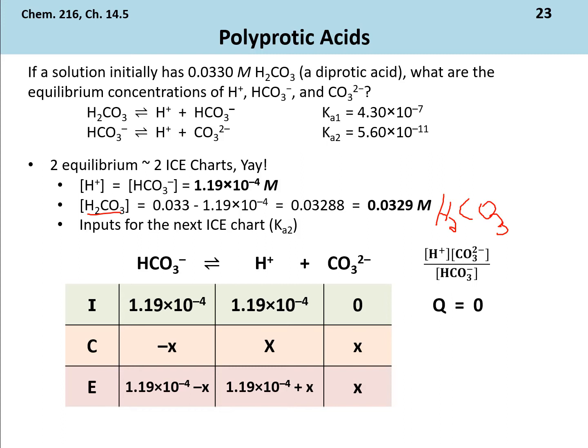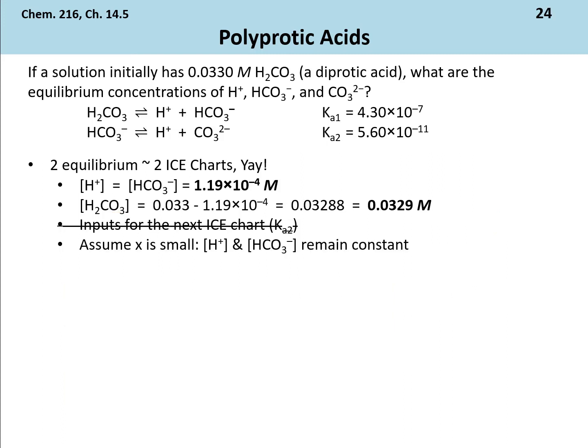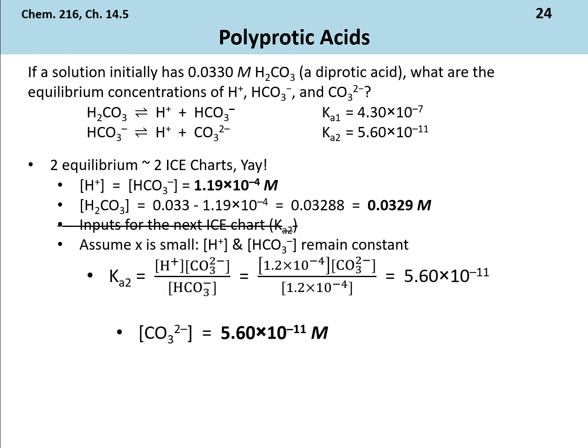Now there is one simplifying thing, and that is I can assume that X is so small that the second reaction isn't going to change it, right? So I could just go ahead and say that my H plus and HCO3 minus are going to be the same. The second equation doesn't change anything.